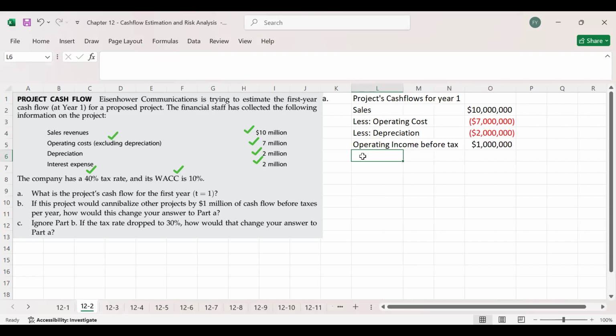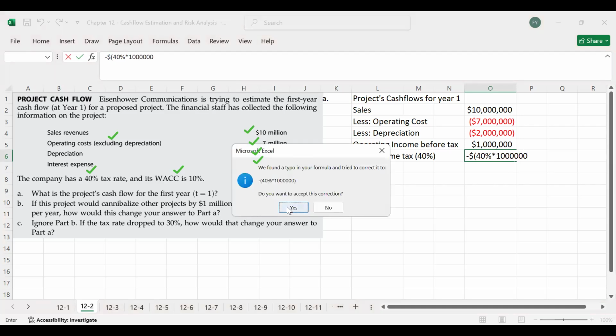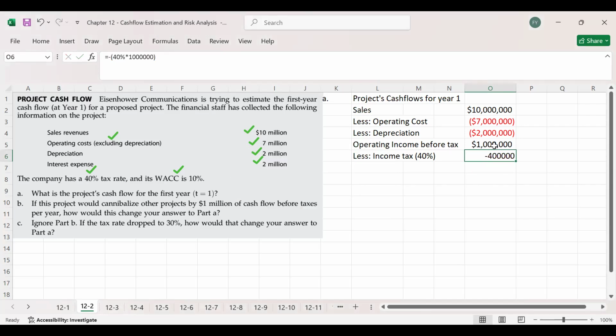Okay. Then we deduct tax, which is 40%. You can see here it is 40%. So less income tax, which is 40%. So we take minus 40% of 1 million, which is 4 lakh.